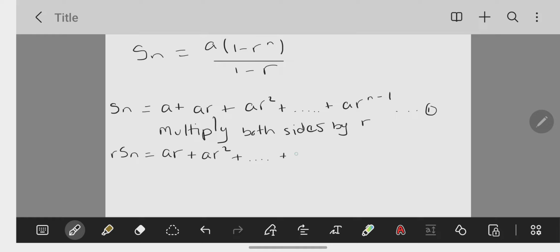Now I am going to write the second last term. If the last term here is ar to the n minus 1, then the second last must have been ar to the n minus 2.